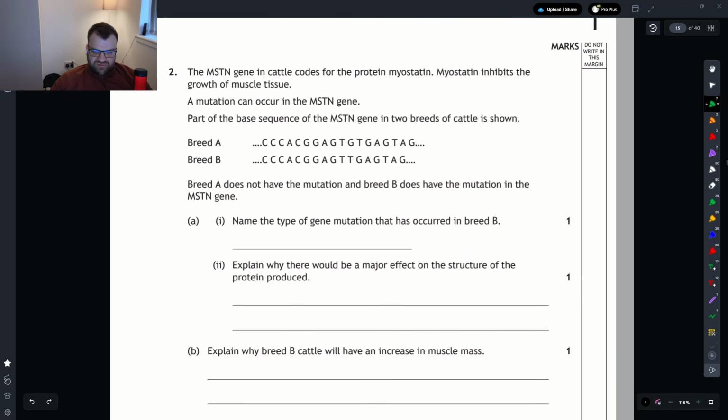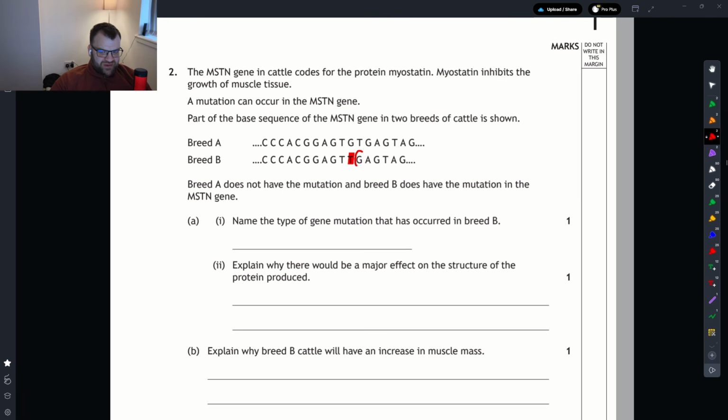Moving on, we have got things about mutations. Name the type of gene mutation that has occurred in breed B. Compare breed B to breed A and look at where it goes differently. So from here, this is the point where it stopped being the same. The types of mutations that could happen, we could have substitution, where we're swapping one letter for another.